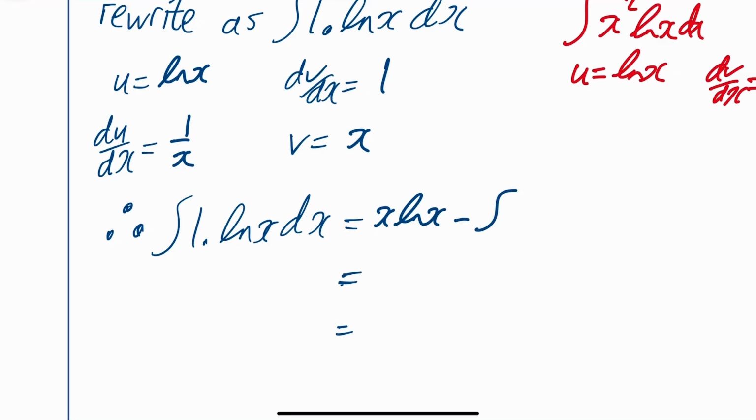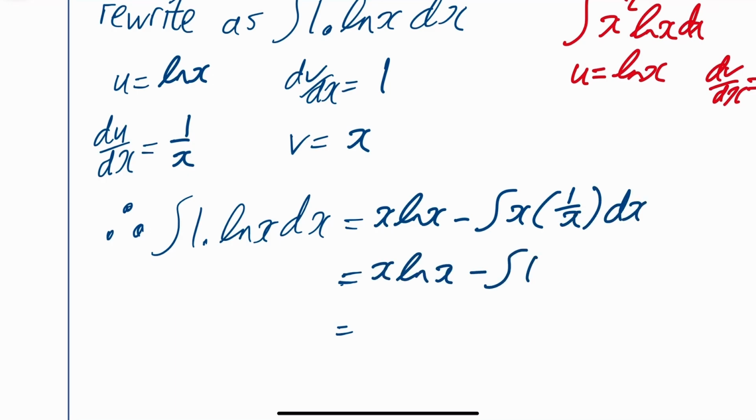Let's just show all the steps here. V times du, so x times 1 over x, and sort that out, that's x ln x minus the integral of 1 dx, which is x ln of x minus x plus c, and there we have it. That's that one done. A very special one, worth learning.